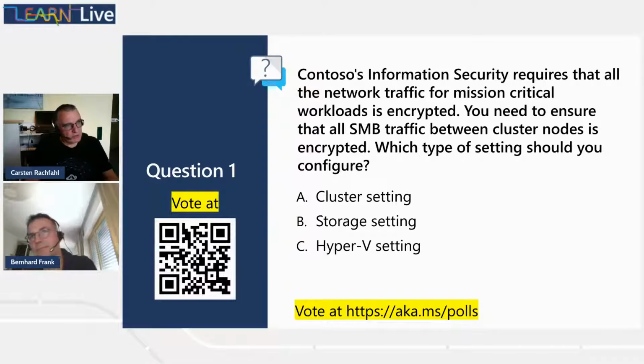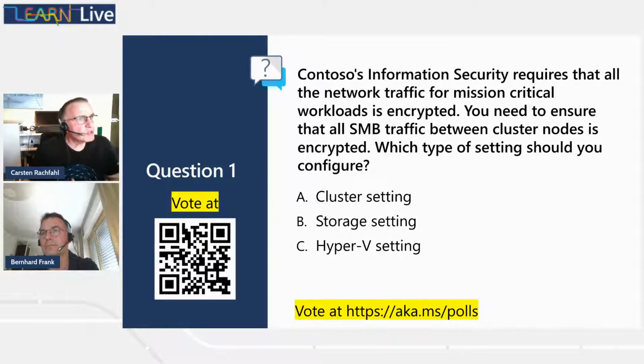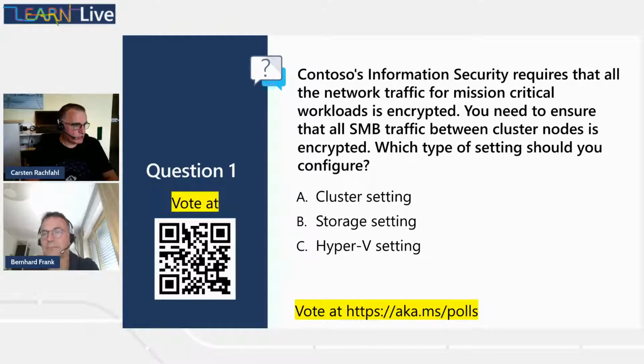Contoso has an information security department that requires encryption in the cluster traffic, and the question is, where can you configure that? We were not specifically on that point on the screen, but it should be possible for you to find it out.